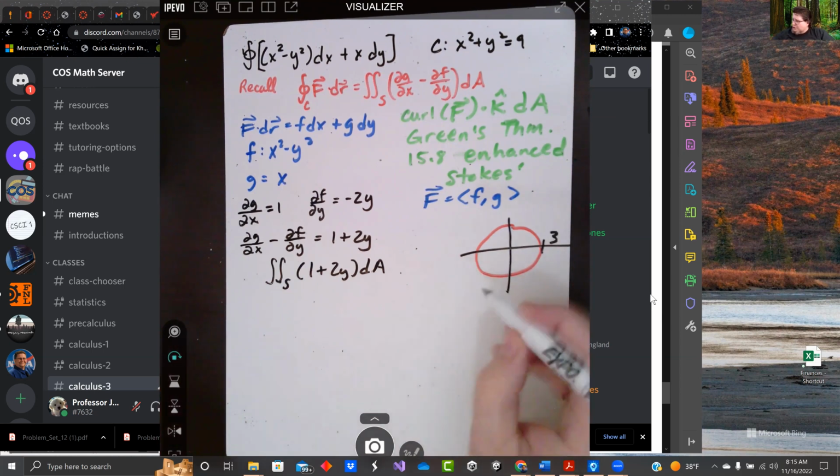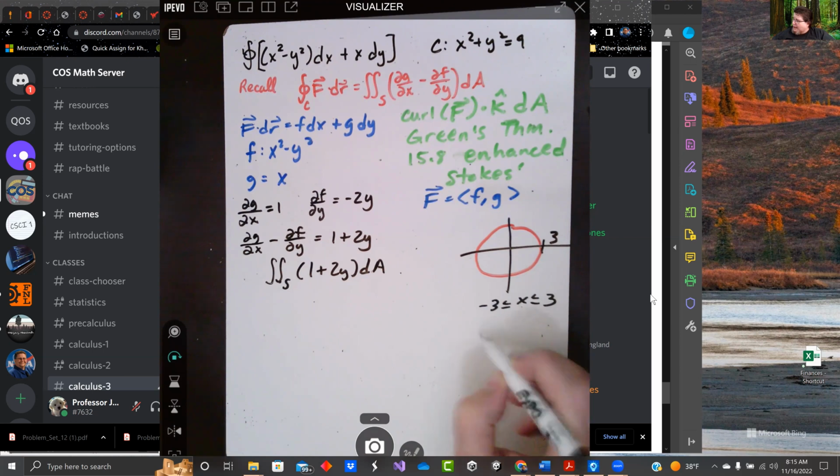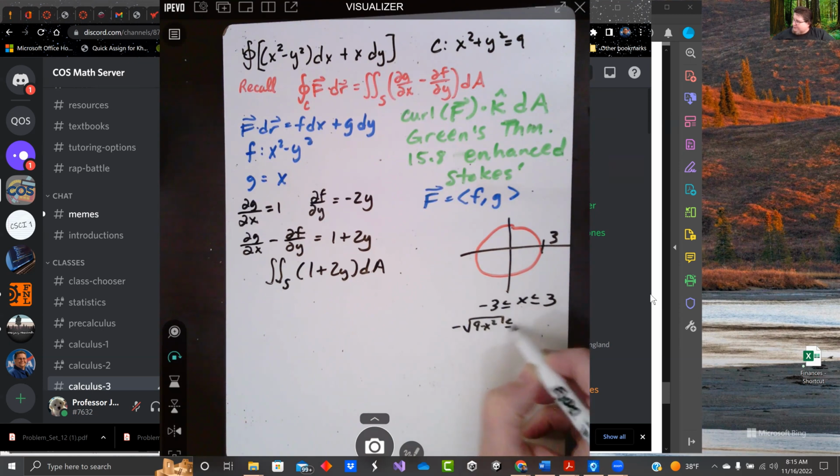So we could do negative 3 is less than or equal to x less than or equal to 3. And y would have to be between the negative square root of 9 minus x squared and the positive square root of 9 minus x squared.